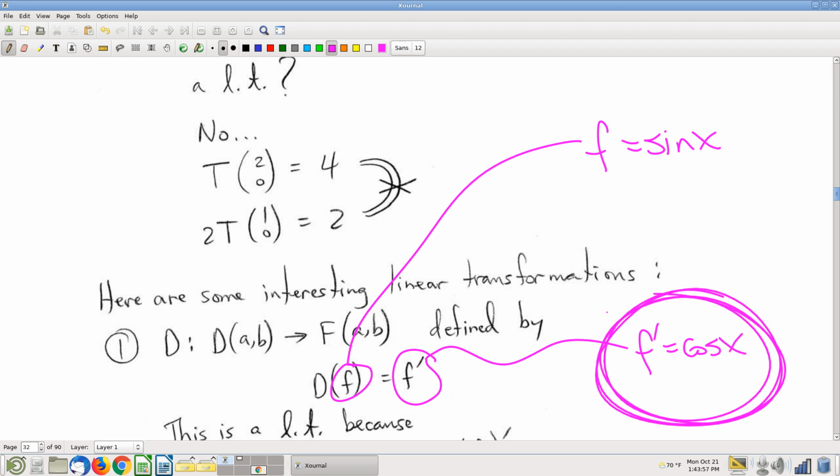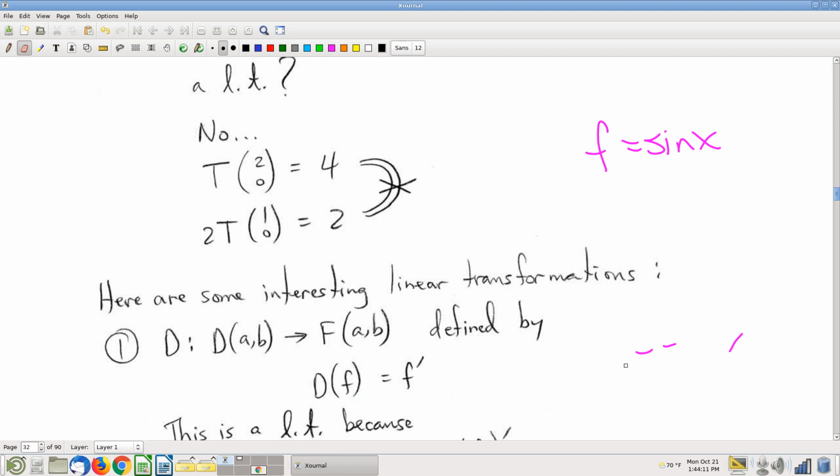It's not even close to linear. Right? So this weirds a lot of students out, and what I want to point out is that you've got to be very, very careful in identifying what exactly you are saying is linear. I am not saying that this is linear. That's not the assertion. The assertion is that this is linear.